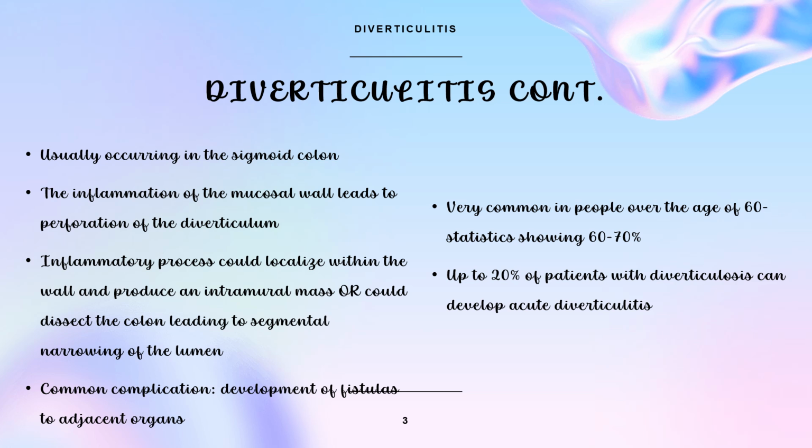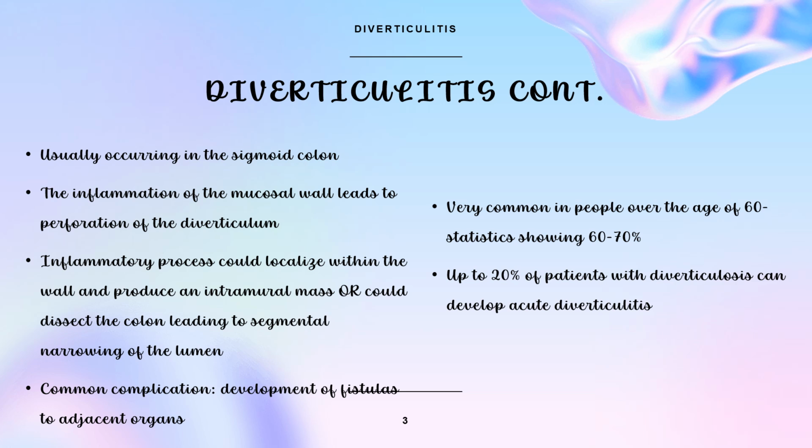A common complication of diverticulitis is development of fistulas to adjacent organs, like your bladder, vagina, ureter, small bowel. I'm sure it's very painful, and I'm sure nobody wants to go through that. Again, it is very common in people over the age of 60 because health starts deteriorating the older you get.